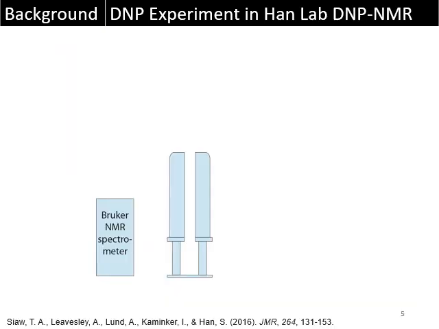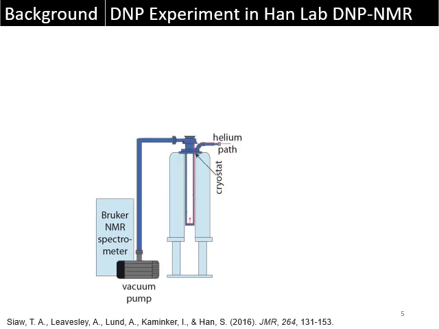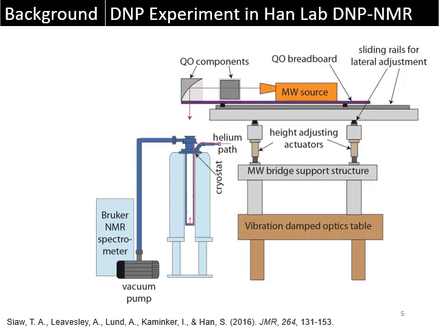So first, I'll talk about the instrumentation in our lab. All the experiments shown in this paper are done using our home-built DNP setup. We are using a 300 MHz Bruker NMR spectrometer. Inside the spectrometer, we have a cryostat, which can be cooled down to 3 Kelvin using our liquid helium cooling system. And here's the microwave part. Microwave is generated from the microwave source and goes through the quasi-optics components.